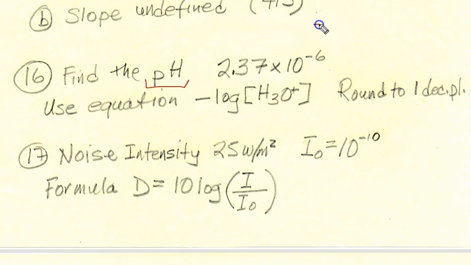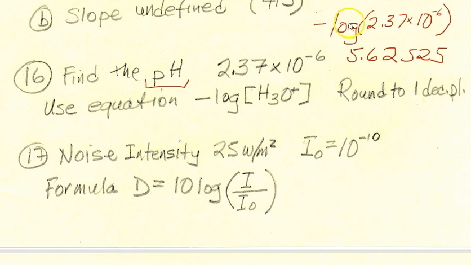Well, it's going to be negative log, and then we're going to just put in, and usually a parenthesis comes up on your calculator, 2.37 times 10 to the negative 6. Close that parenthesis, and let's see what you get. Try this.